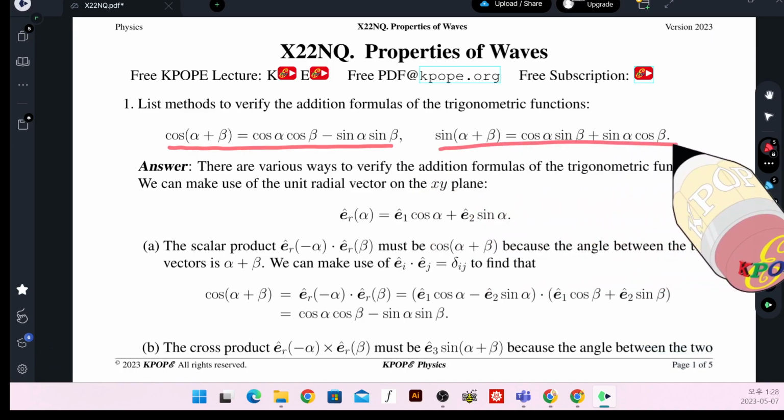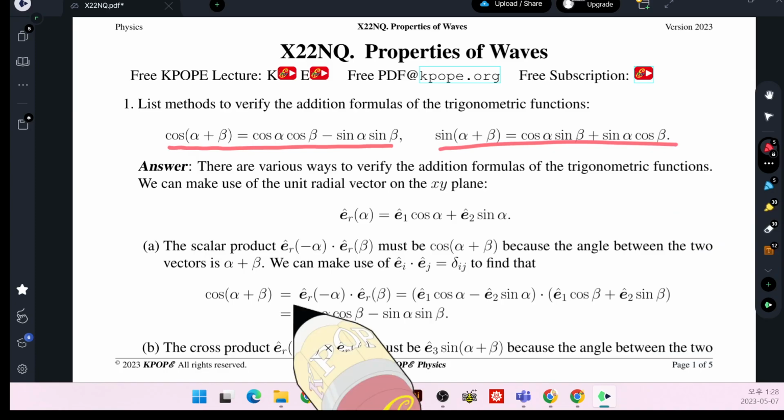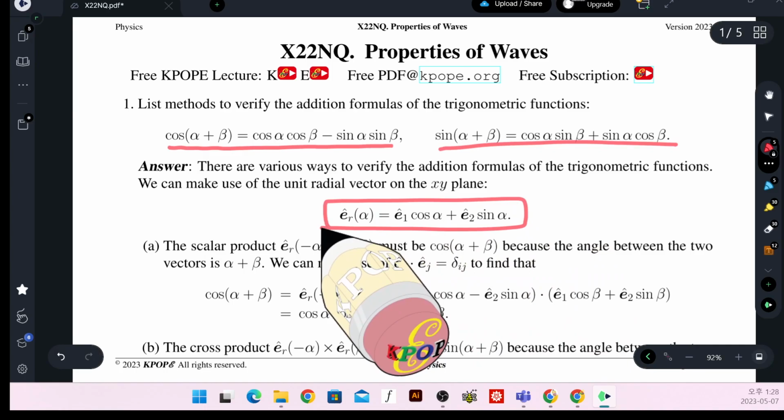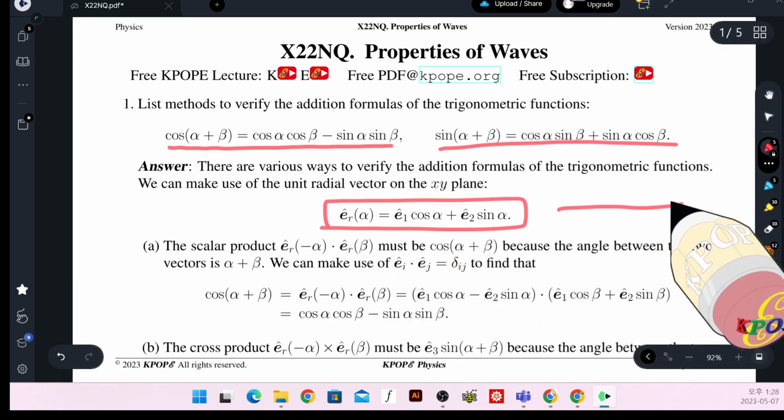Okay, there are several ways to verify these trigonometric addition formulas. First of all, we introduce a vector. This is a unit radial vector.